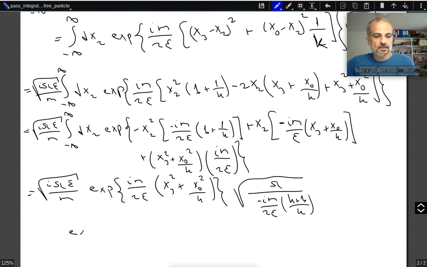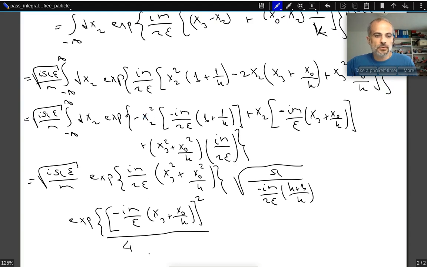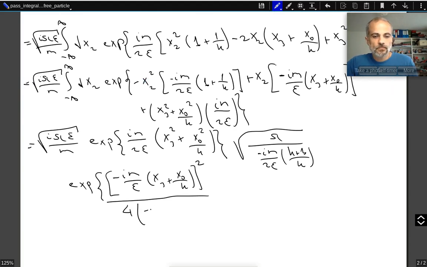And then we have another exponent of the coefficient of the linear term of the integration variable x2 squared, minus i m over epsilon, x3 plus x0 over k, all of this squared divided by 4 times the coefficient of minus x2 squared, minus i m over 2 epsilon, k plus 1 over k.